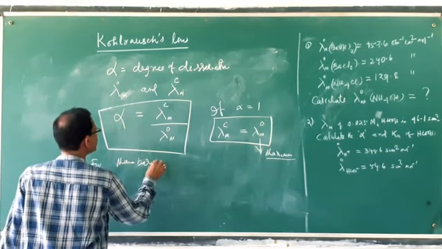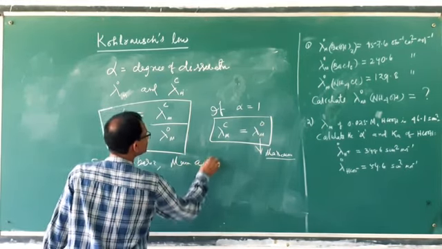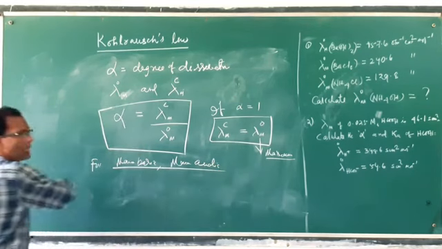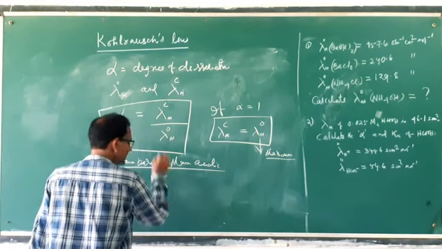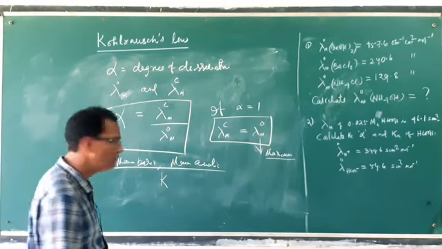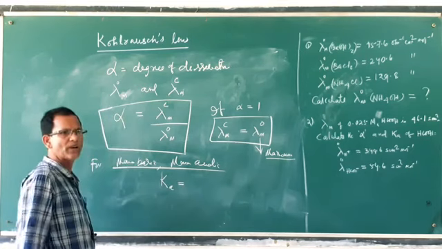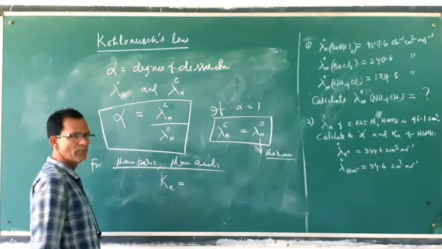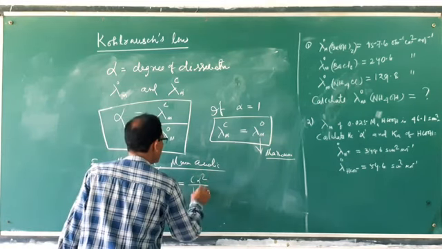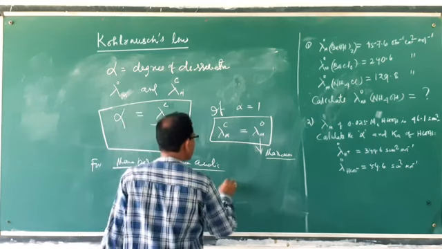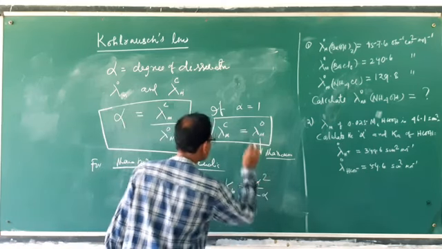Then another relation, if it is a monobasic or monoacidic compound. You have read this already in the equilibrium chapter, ionic equilibrium: the dissociation constant of any monobasic acid, K is equal to C alpha square by 1 minus alpha, and Kb equal to the same, C alpha square by 1 minus alpha.